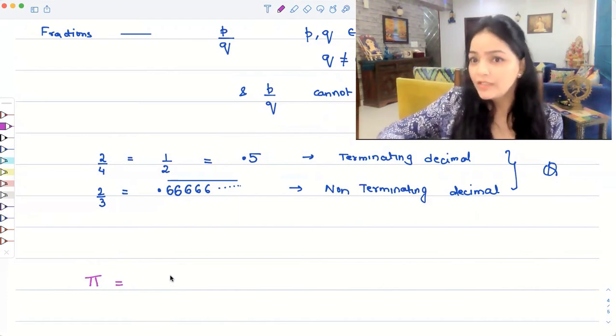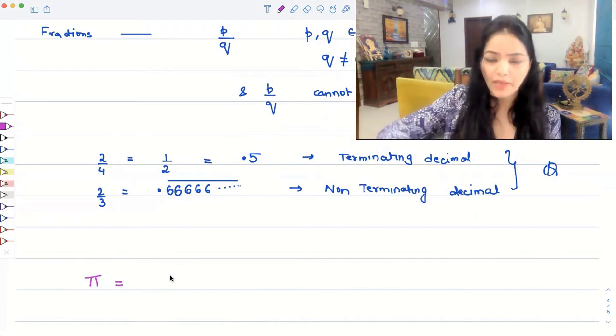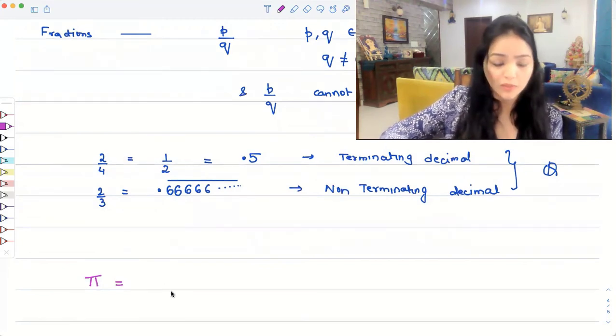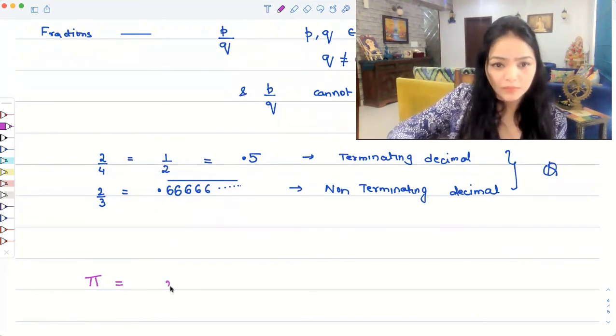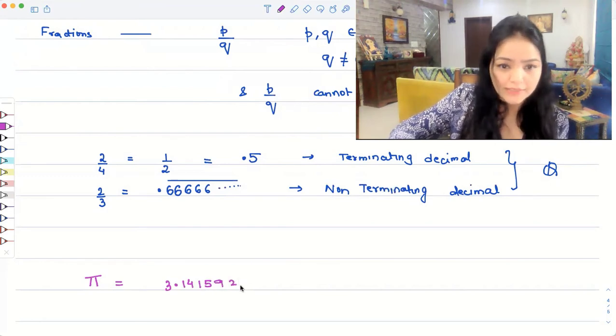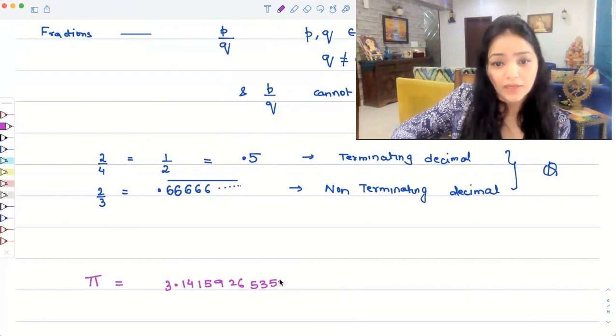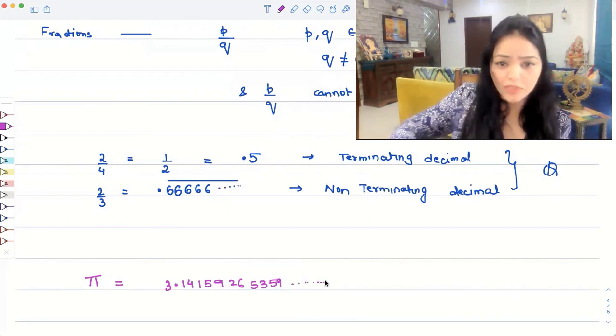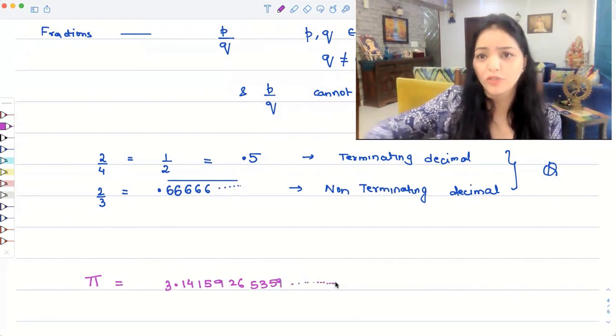When I try finding out the decimal value of pi in my computer, I got the value from the calculator 3.14159265359. It stopped after that, but there can be many more here.